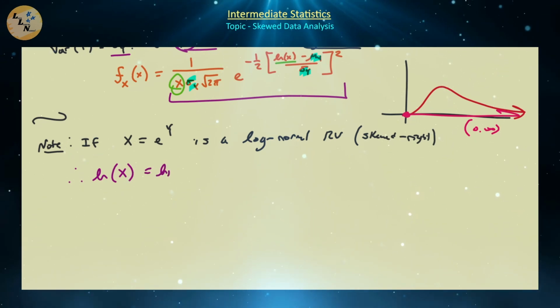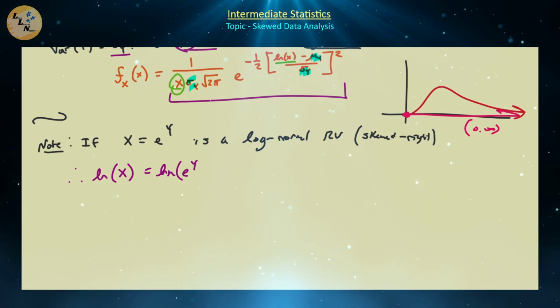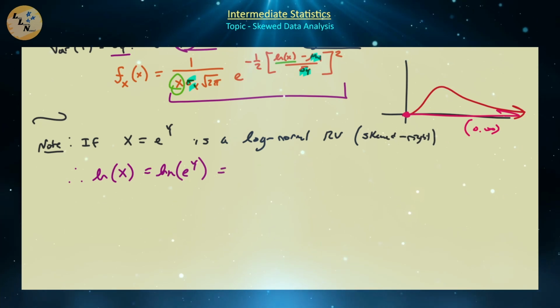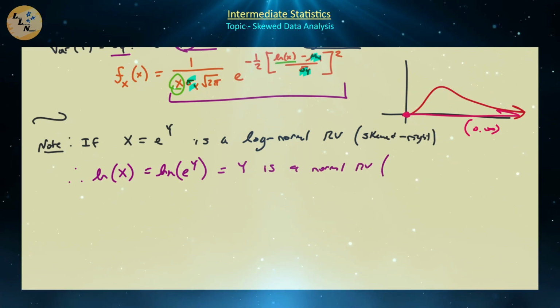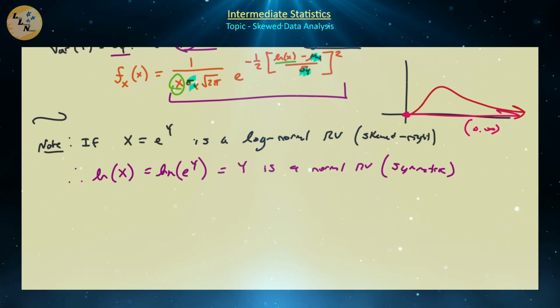Well, we're going to get the natural log of e to the power of Y, but natural log and exponential of Y are inverses, so we're just going to be left with Y. And keep in mind, Y is not a log normal random variable, but a normal random variable, and moreover, a normal random variable is not skewed right, nor is it skewed left. In particular, it is a symmetric distribution.